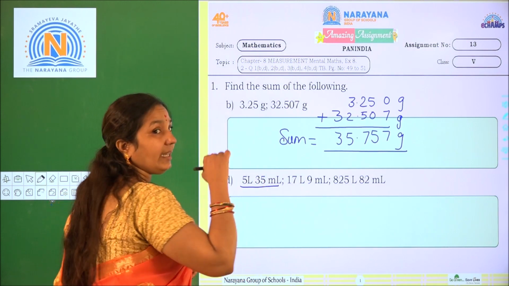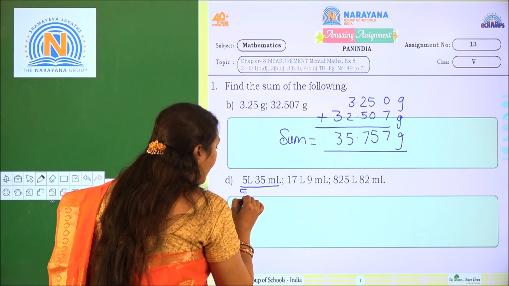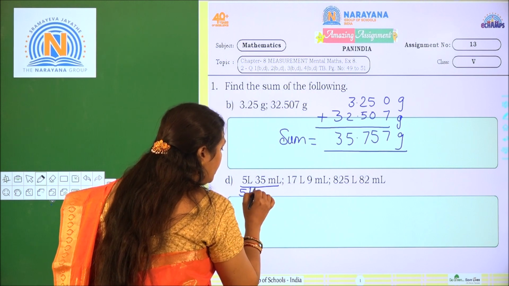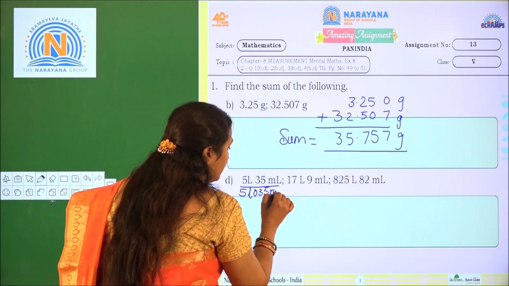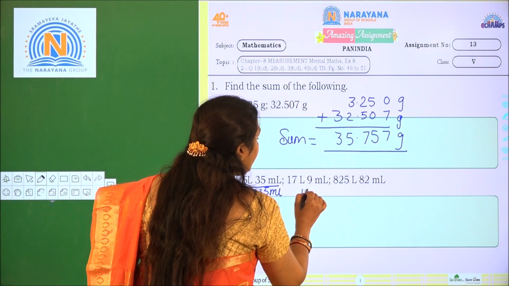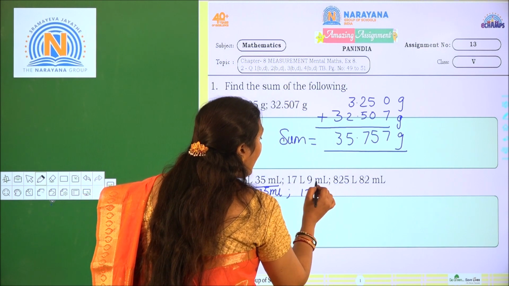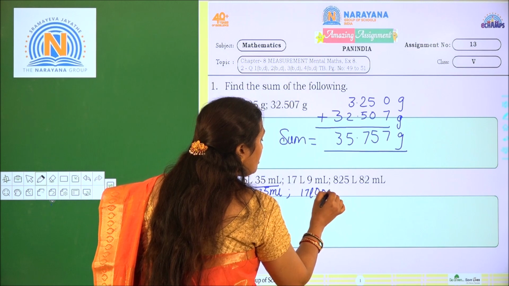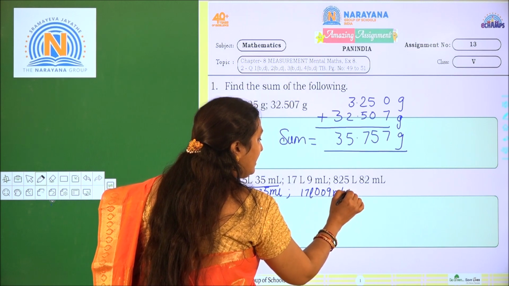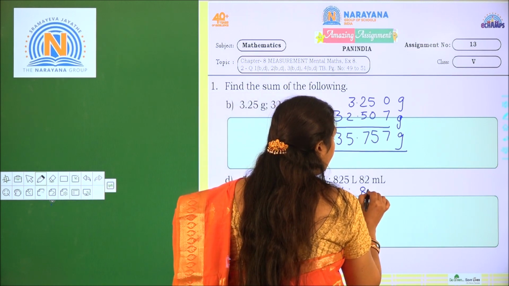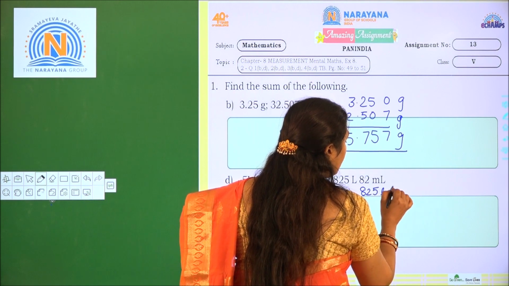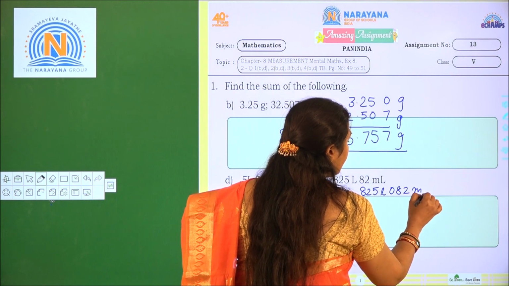Next one, 5 liters 35 milliliters. We can write as 5 liters 035 milliliters also. Now 17 liters 9 milliliters means 009 milliliters. Like here 825 liters 082 milliliters.